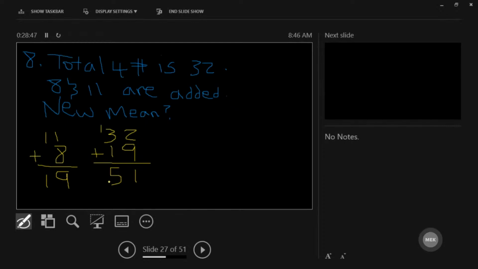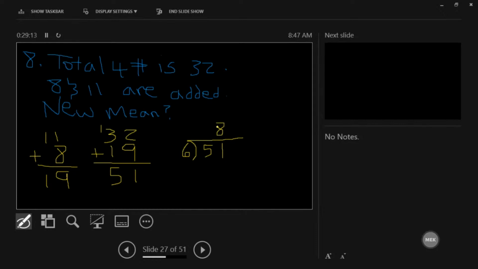The new mean is no longer 4 numbers, because you added 2 new numbers. It's 6 numbers now. So to find the new mean, you divide the new total by 6. And 6 into 51, so 6 8s are 48.